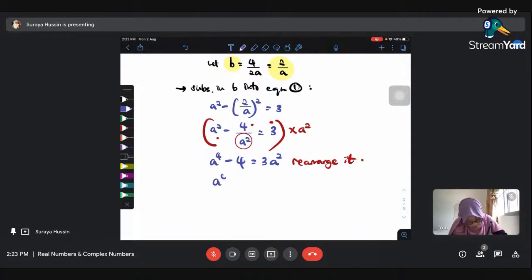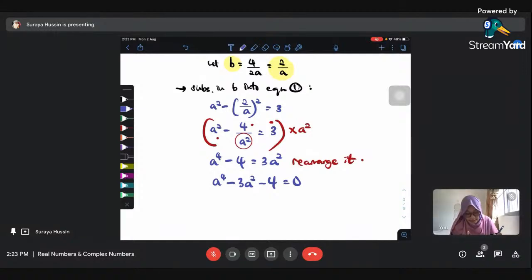A4. Kita arrange mengikut power yang menurun. Power yang menurun pula, a descending order. A to the power of 4 minus 3A squared minus 4. Okay, kita arrange dia begitu so that kita lebih mudah untuk factorize it.